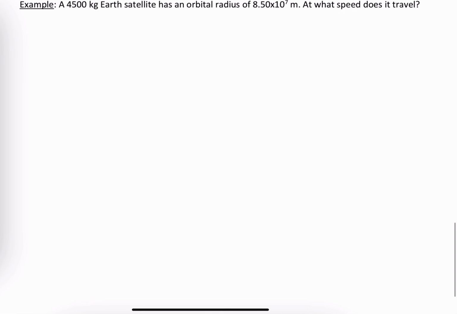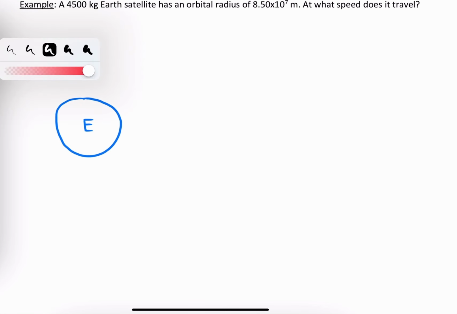Okay, so here's our Earth. Here's my satellite. And that satellite has an orbit. It has a path that it is following around Earth.